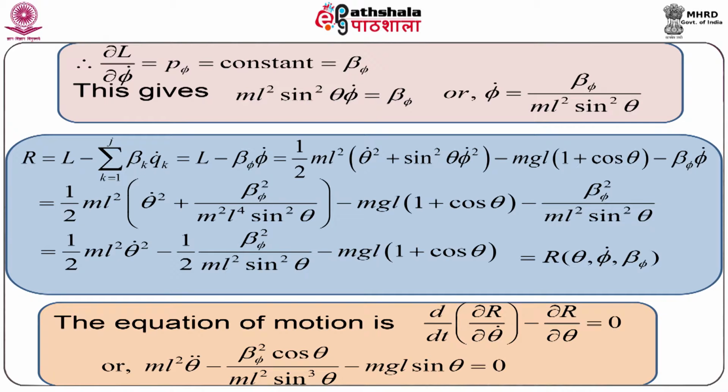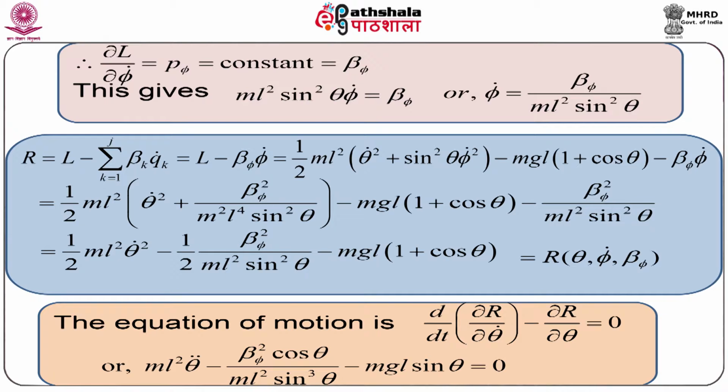Thus, R becomes capital R equal to half m L square theta dot square minus half beta phi square by m L square sin square theta minus m g L into 1 plus cos theta. Therefore, capital R is a function of theta, theta dot and beta phi.